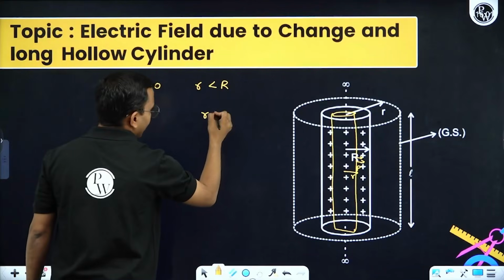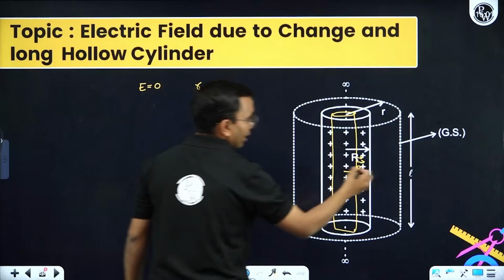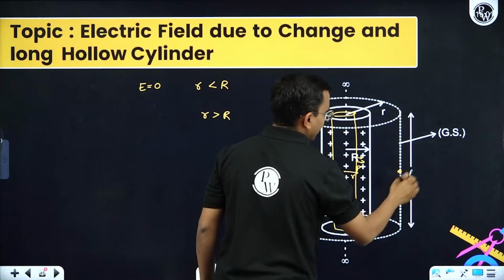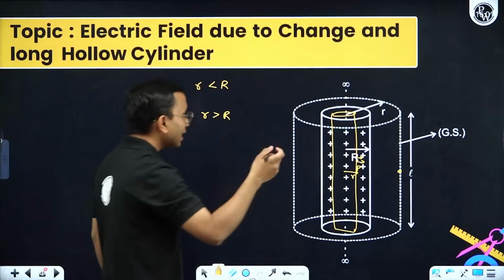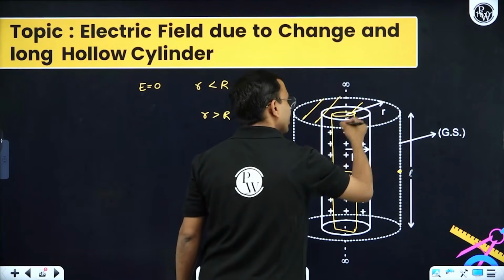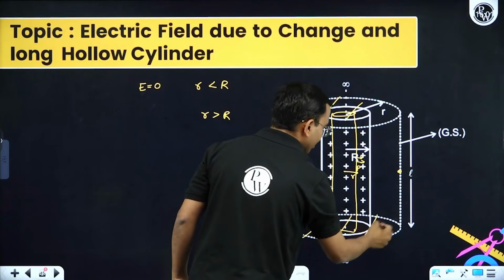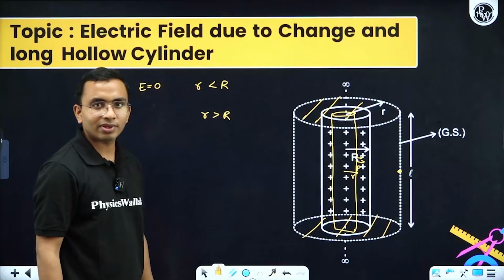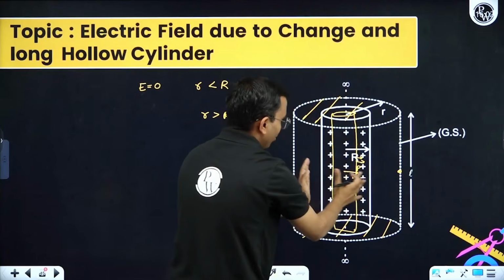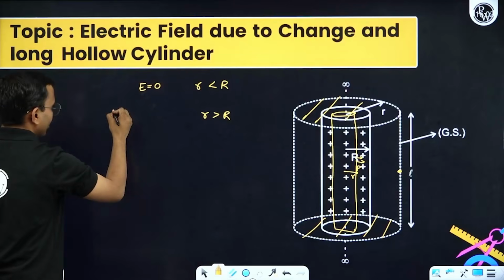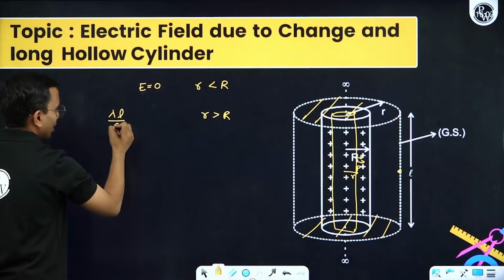Now for r greater than R, I am taking a point somewhere here, and this bigger cylinder becomes my Gaussian surface. Again, from this area the flux is 0, and from this area the flux is 0. The flux will just be the charge enclosed, charge per unit length into the length, divided by epsilon naught.